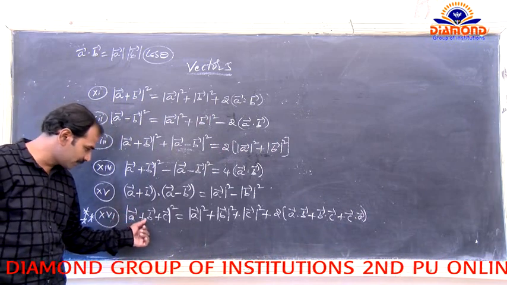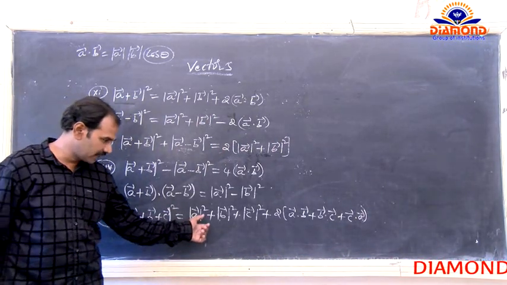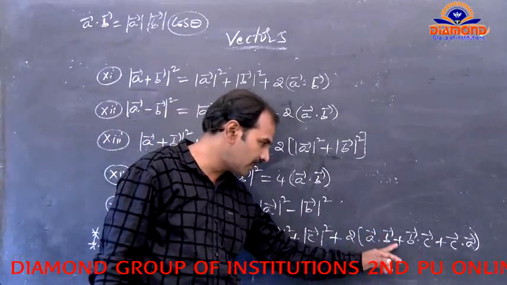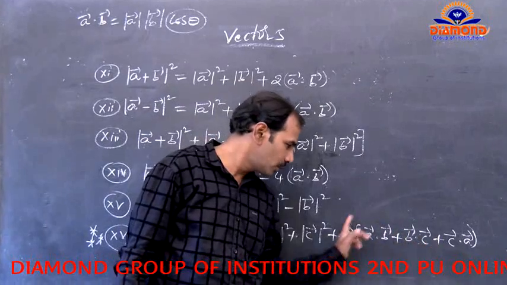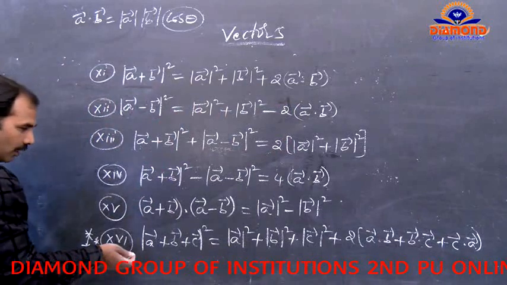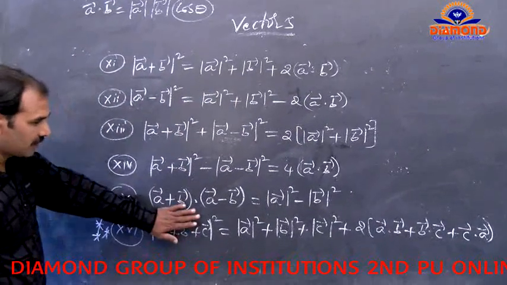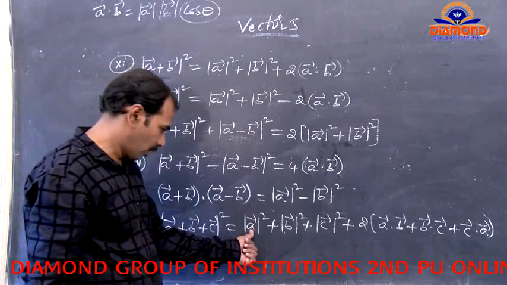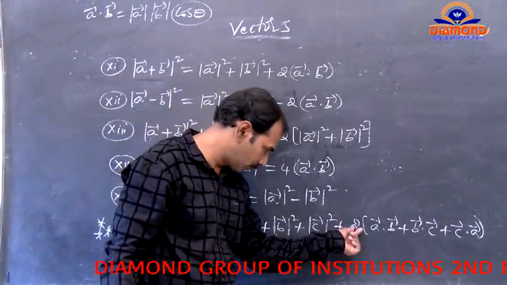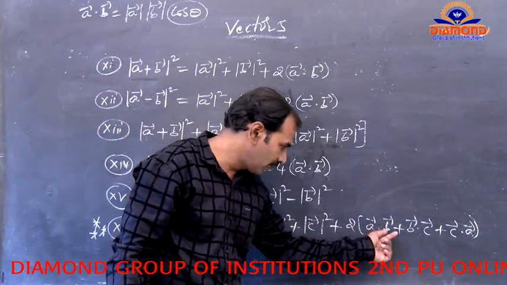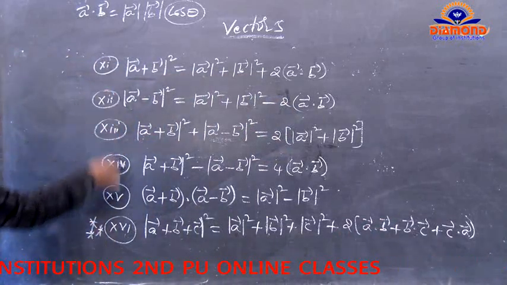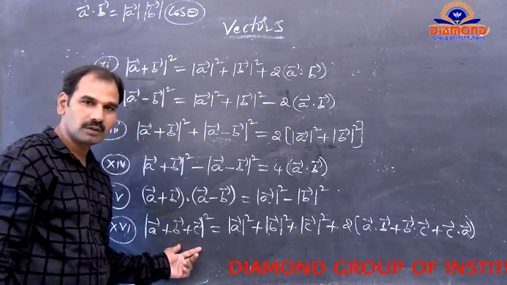Just like (A plus B plus C) whole square, A square plus B square plus C square plus 2AB plus 2BC plus 2CA, like that. If A plus B plus C equal to 0, it means its value is 0. Then modulus of A square plus modulus of B square plus modulus of C square plus 2 (A dot B plus B dot C plus C dot A) equals 0. This is the formula. So in total there are 60 very important formulas.